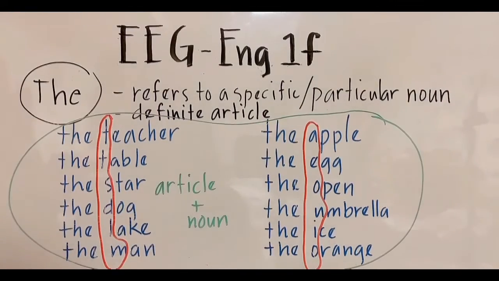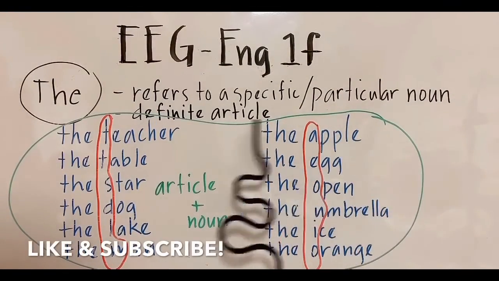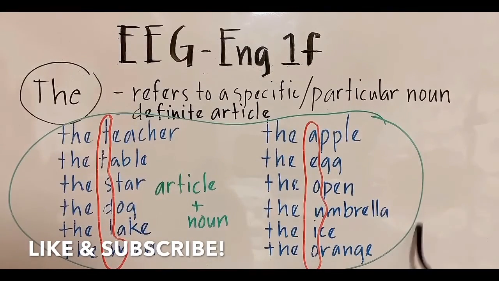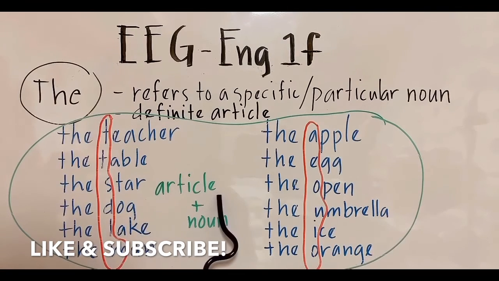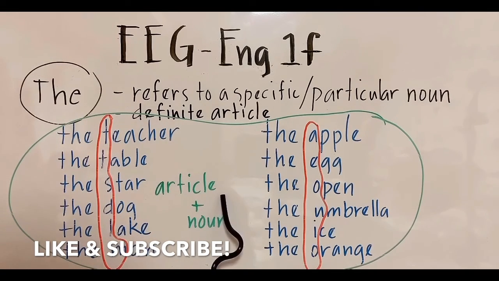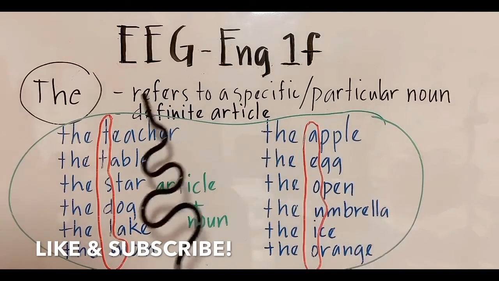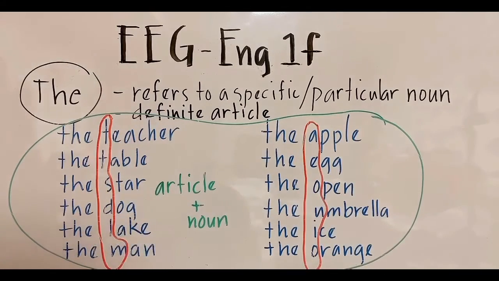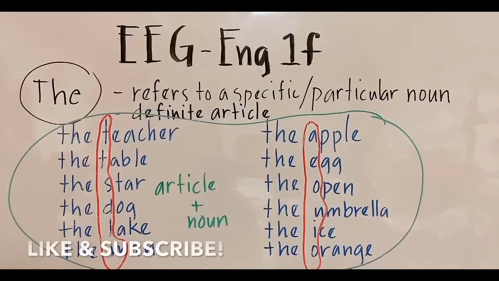Remember that all of these are composed of an article and a noun. An article plus a noun. The article the plus the nouns. Different nouns. So we have finished talking about the article the.